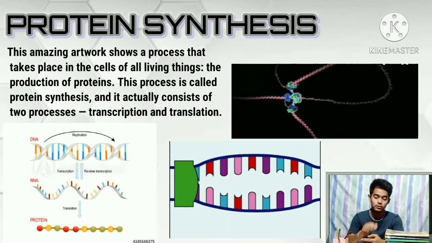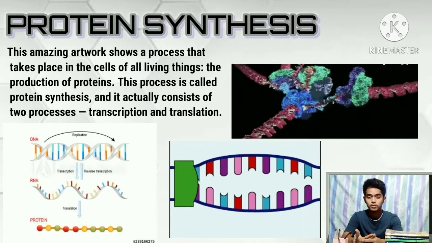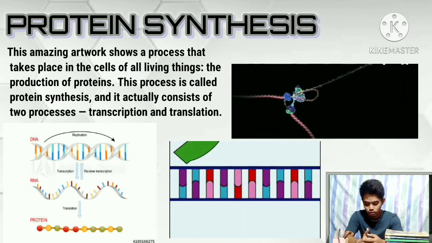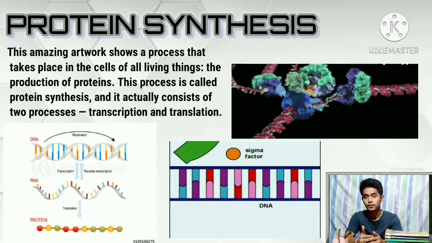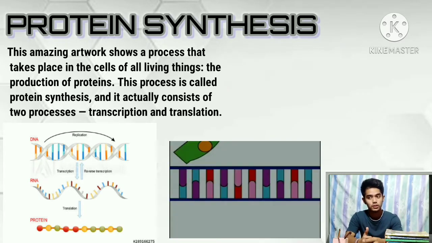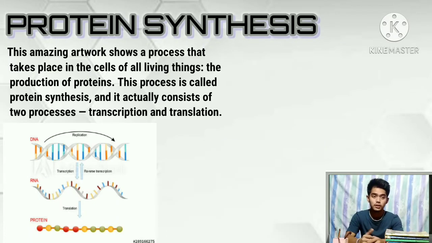This amazing artwork shows a process that takes place in the cells of all living organisms and all living things in the world: the production of proteins. This process is called protein synthesis.